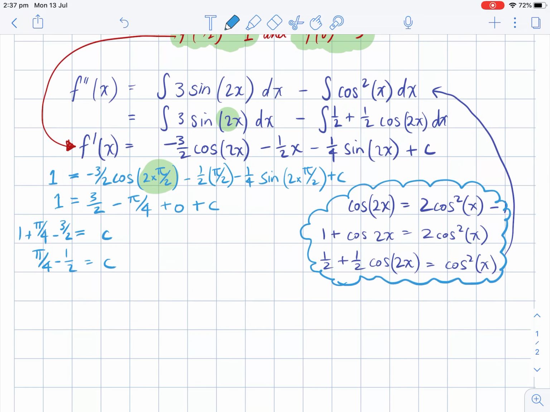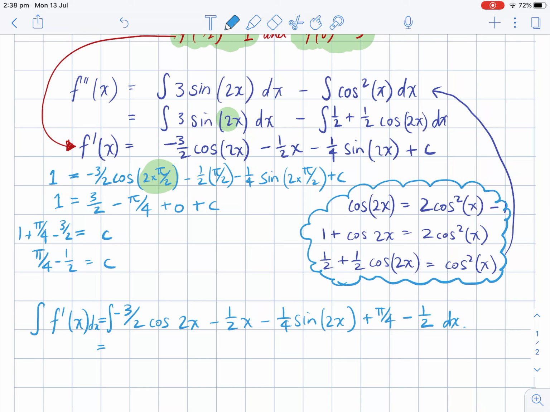So it's fair to say that f dash of x is equal to negative 3 on 2 cos 2x minus a half x minus a quarter sine 2x plus pi on 4 minus 1/2. And now I've got to start the process all over again and integrate both sides.